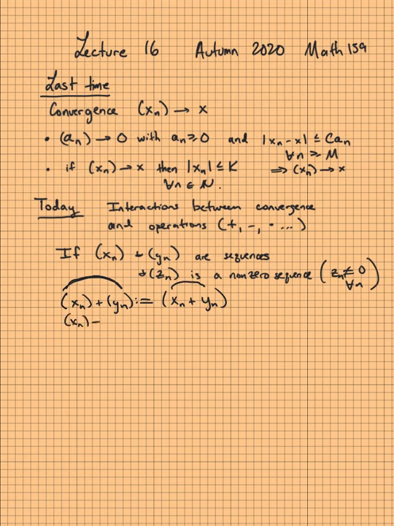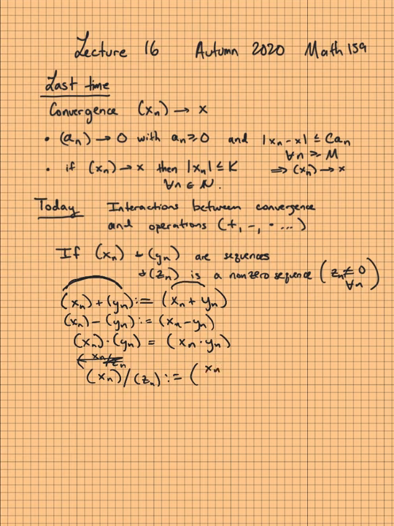Similarly, xn minus yn is just the sequence where you subtract the terms, xn times yn. Maybe I'll do one more since I included this z: xn divided by zn is defined to just be xn over zn.